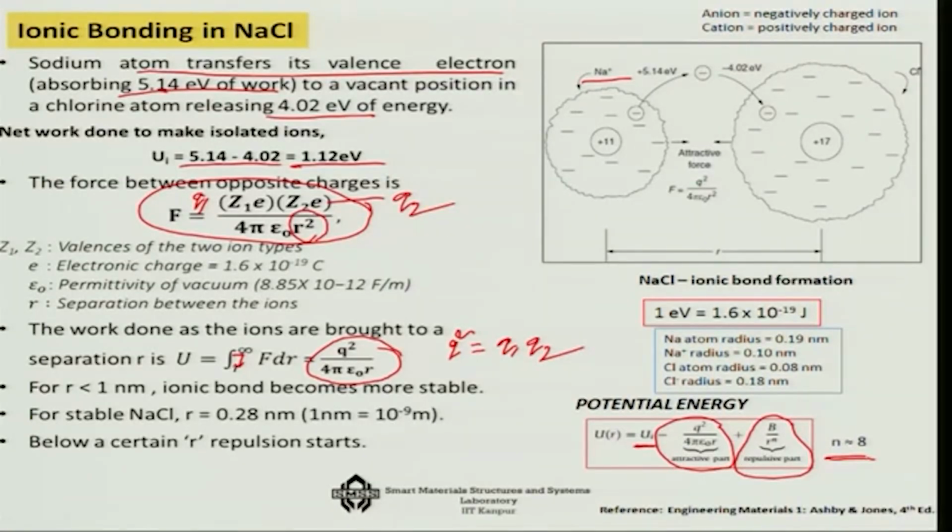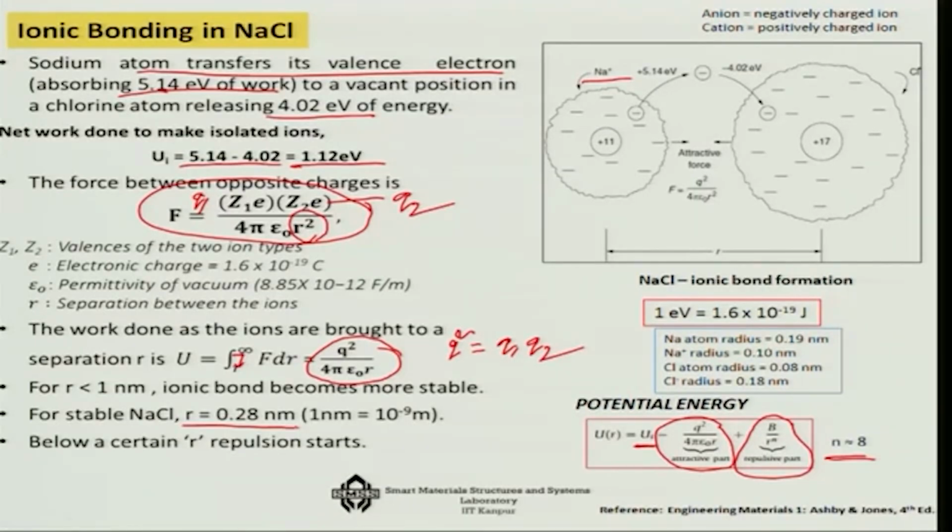That is what gives us the total energy in the system. Now, one can show from the minimization of the energy point of view that at about 0.28 nanometer you will see the minimum energy comes to the system, which means it comes into an equilibrium. That is very important for the sodium chloride bond to become stable.